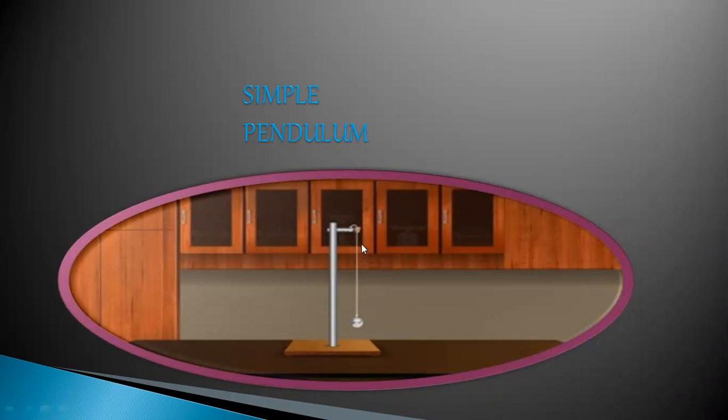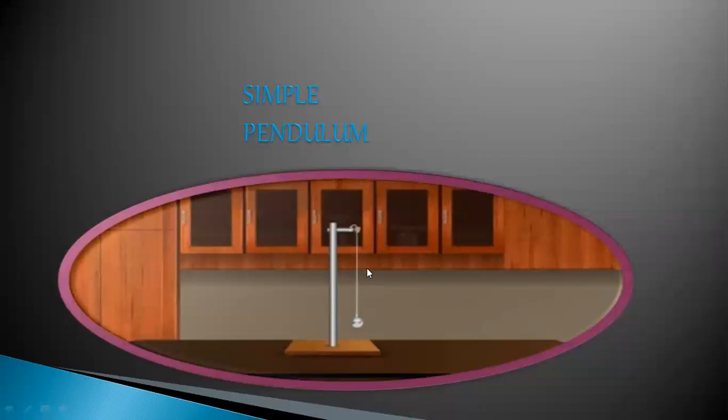The bob is weightless and it is supported by a rigid support. Such kind of arrangement is known as simple pendulum. Okay, so pendulum consists of a small metallic solid sphere suspended by a fine thread from a rigid support.